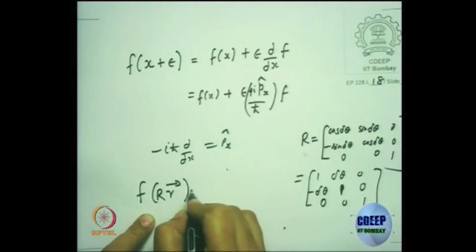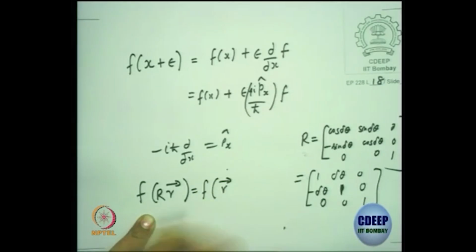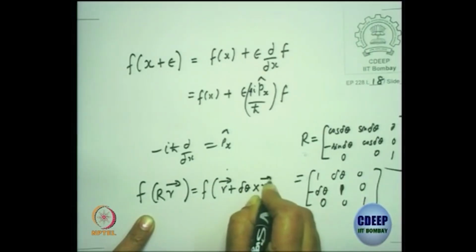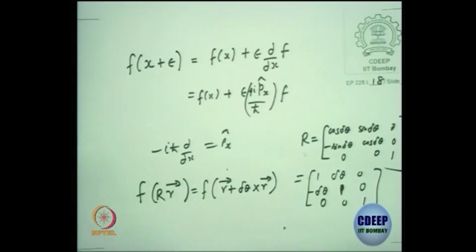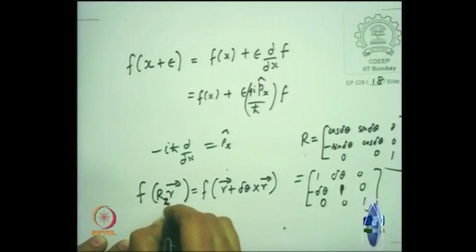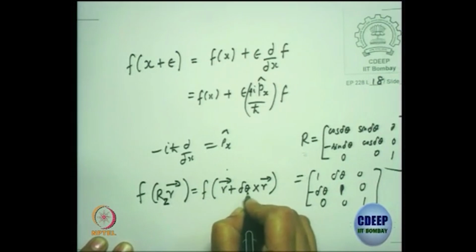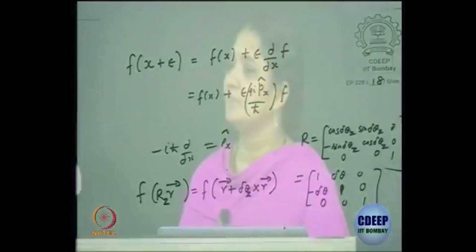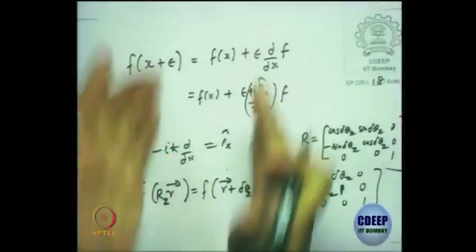So what is this? It is f of r vector plus this off diagonal matrix. You could perhaps write it as some delta theta cross r vector. Check it out. I am doing this for a rotation about the z axis, so let's keep this rotation about the z axis and put this theta also about the z axis. You understand what I mean? If you do a Taylor series expansion, the first term will be f of r.